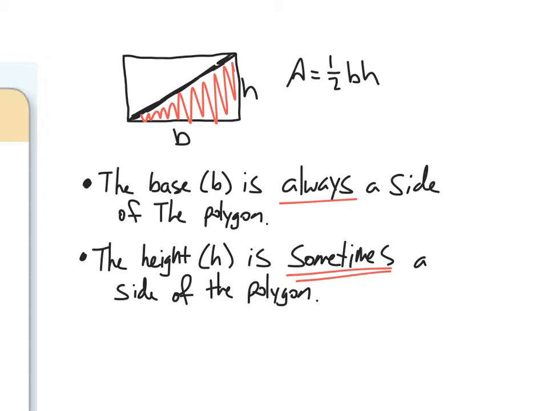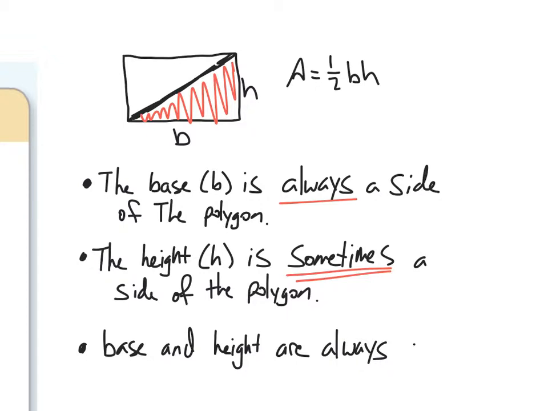Be careful between those two. Base, always going to be a side of the polygon. The height is sometimes going to be the side of the polygon, not always. And the last thing I need you to remember here is that the base and height are always perpendicular.